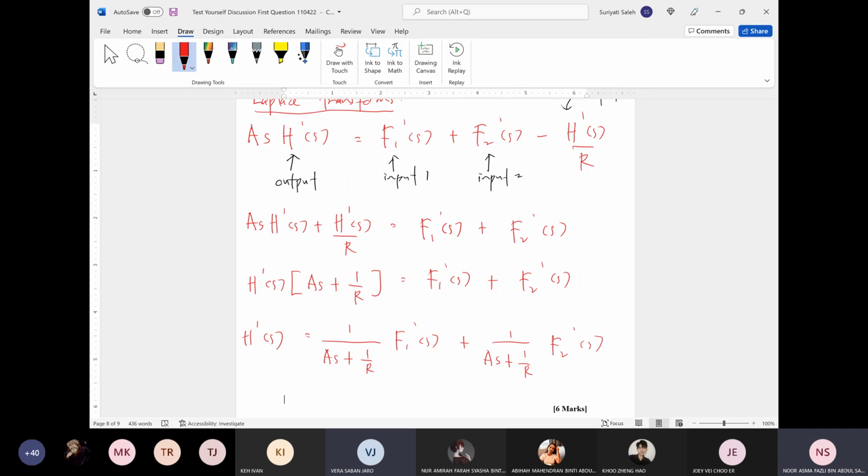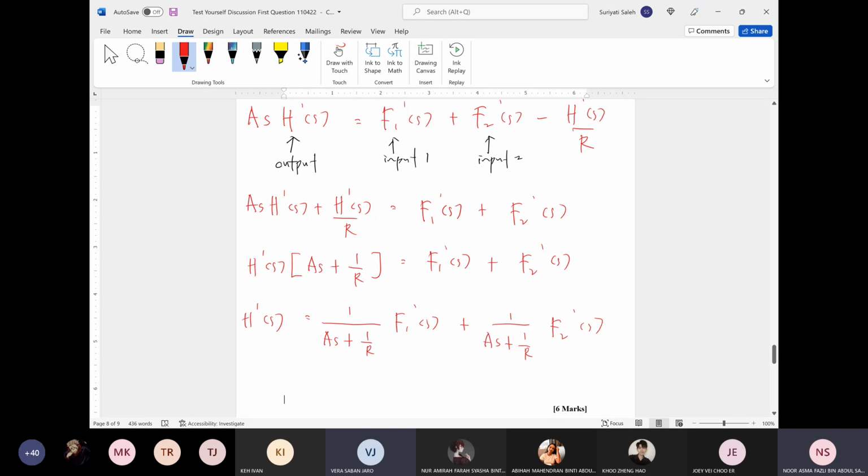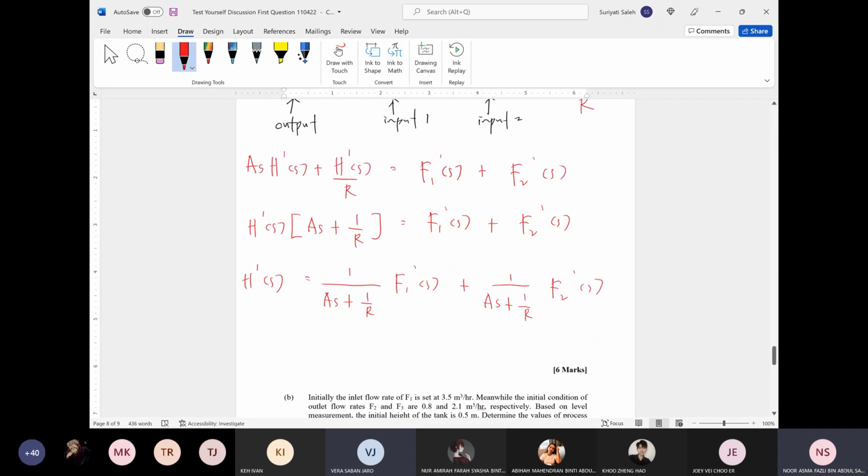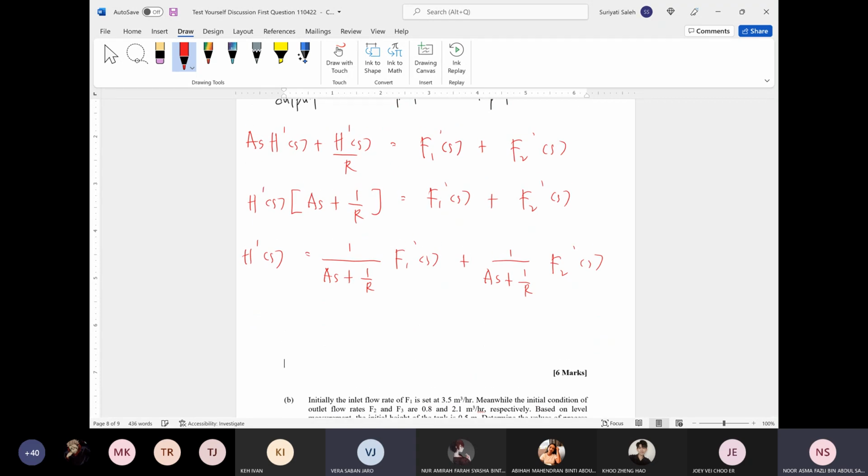If you truly understand it, it's okay to factorize it, but I strongly recommend to separate them to avoid confusion later on. So based on this, the first order transfer functions are R over (ARs plus 1) for F1'(s) and R over (ARs plus 1) for F2'(s). So this is your first order transfer function for the given question.